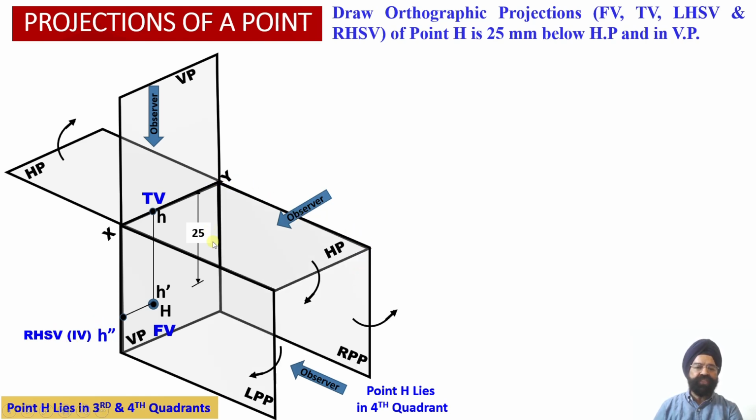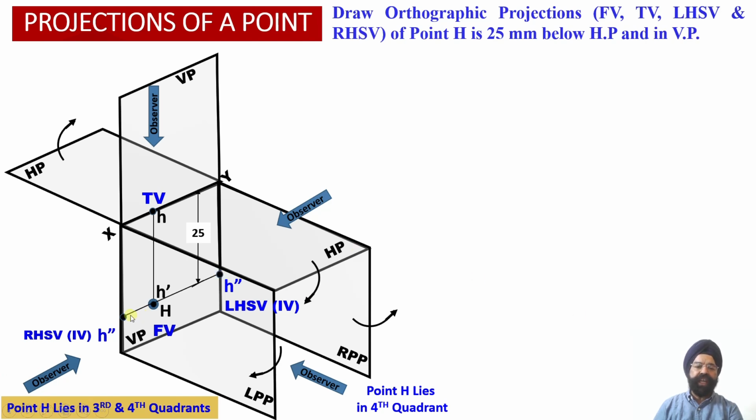Once we draw this right profile plane into quadrant number 4, we will observe that when the observer is looking at this point from the left hand side orientation, the projection of this point H will be obtained onto the right profile plane at a distance of 25 millimeter below the XY reference line in the vertical plane over here.